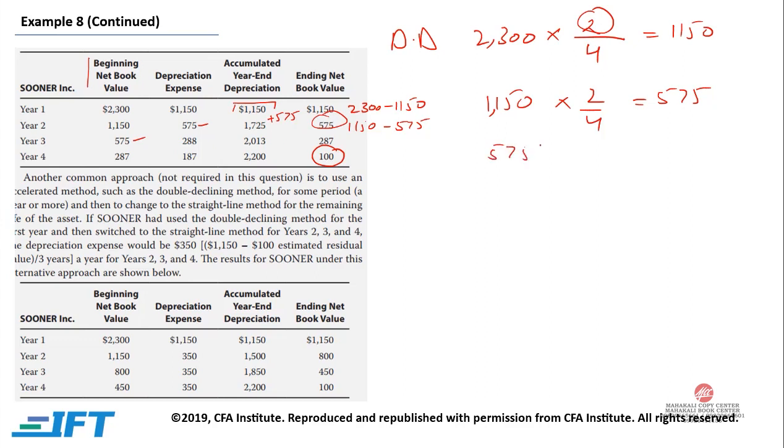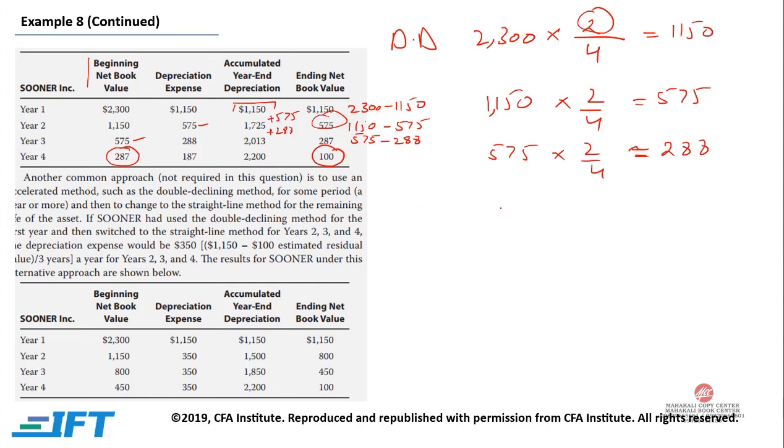We start with 575, again multiply by 2 by 4 in order to get the depreciation, so we get approximately 288. The exact number is 287.5, but we are rounding it up, so it's 288. We add 288 in order to find out accumulated depreciation. So 1725 plus 288 is 2013, and in the end 575 minus 288 would give us the net ending book value. So over here it's 287.